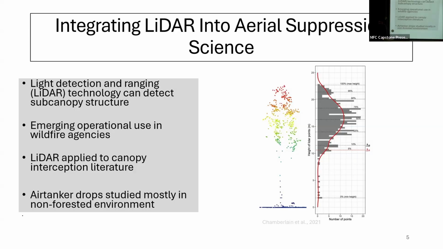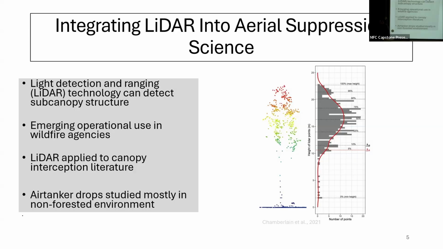These point clouds allow us to quantify the three-dimensional complexity of forest structure, providing information on fine-scale forest vegetation, which has increased modeling capabilities for within-stand micrometeorological processes, such as wind reduction factors or throughfall and canopy interception, which is what we're going to be looking at today.